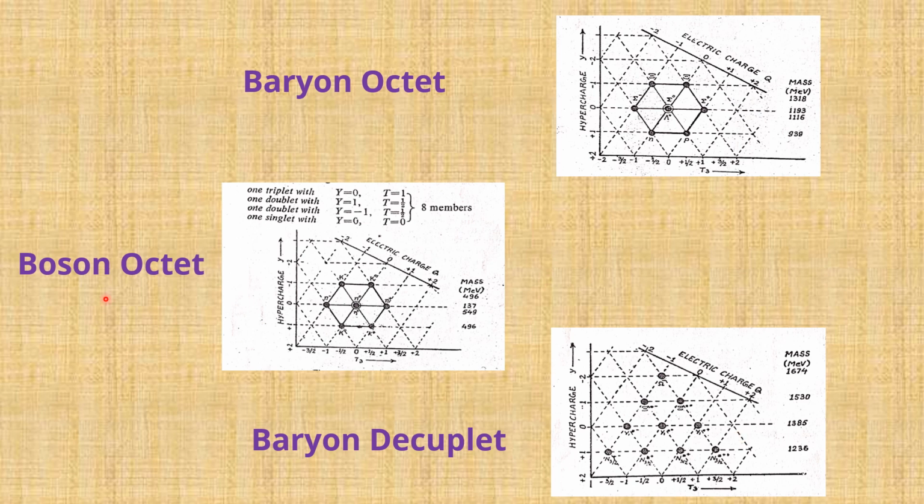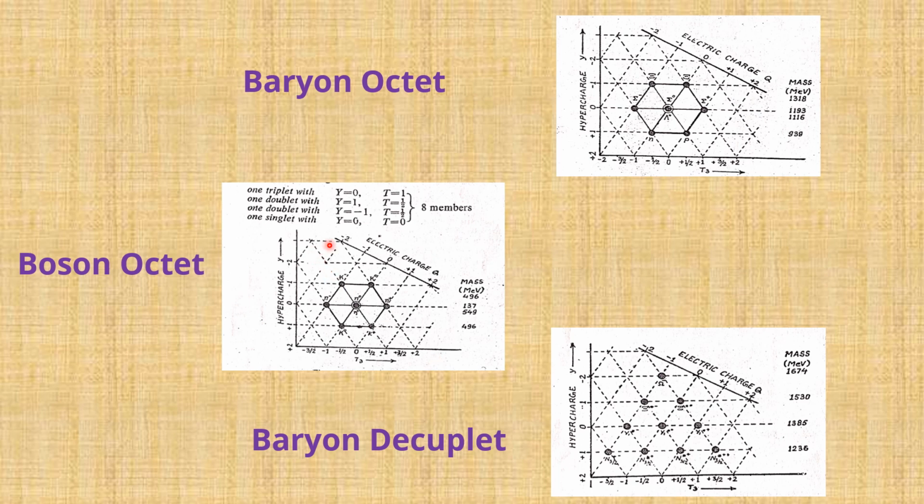When you consider this octet case, here is one triplet with y equal to 0, t equal to 1, and one doublet here with y equal to 1 and t equal to half. You can very well see the representation here. Hypercharge is taken along the y-axis, and the third component of isospin, which is I3 or T3, is taken along the x-axis.